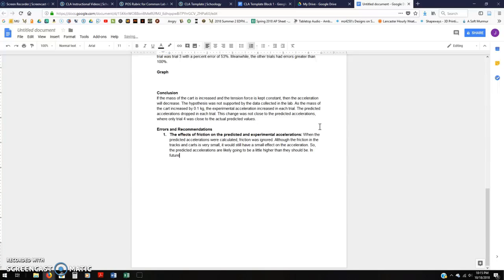In future labs or future experiments, experimenters should attempt to determine the friction force before they conduct the lab and use it to calculate the accelerations.